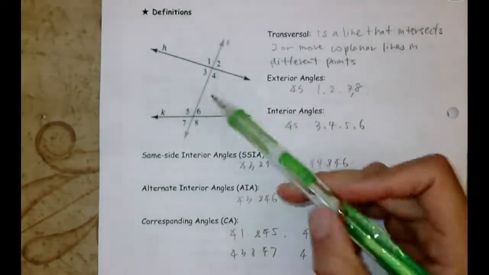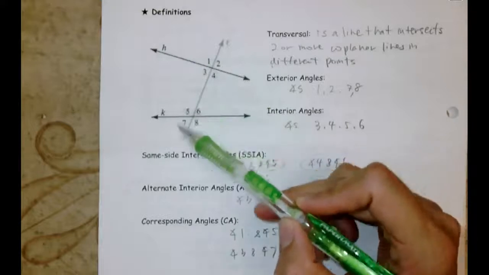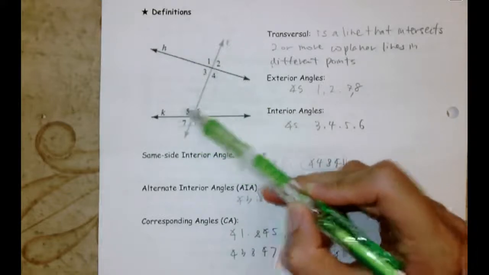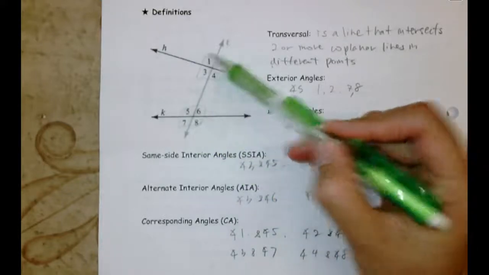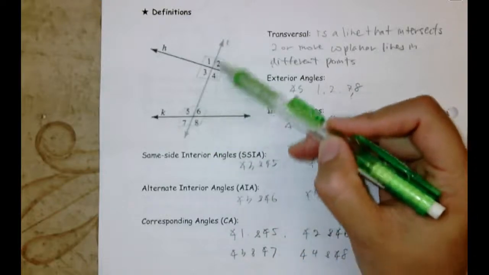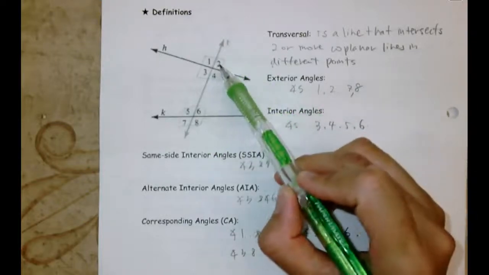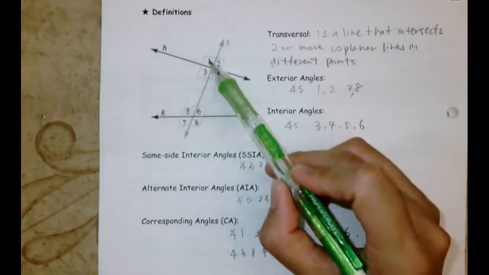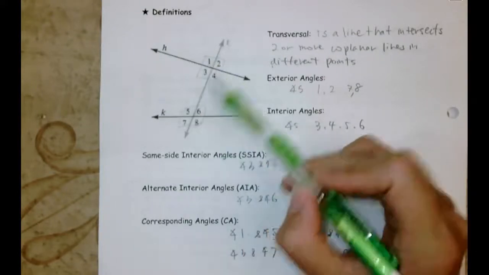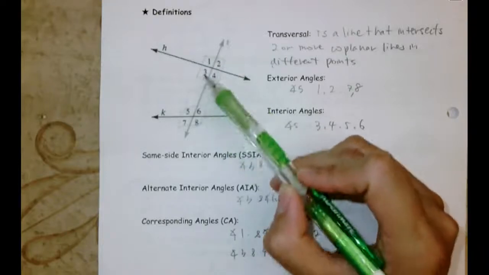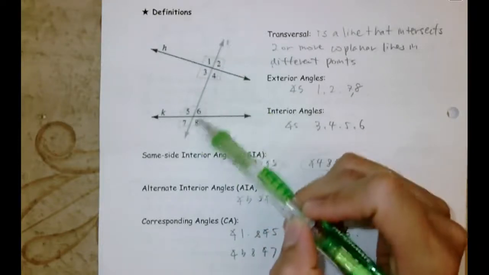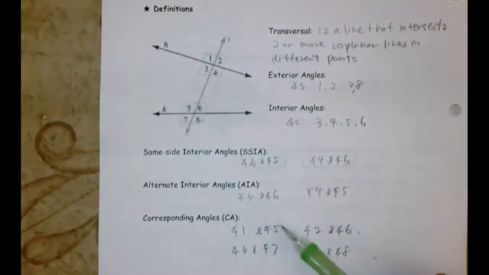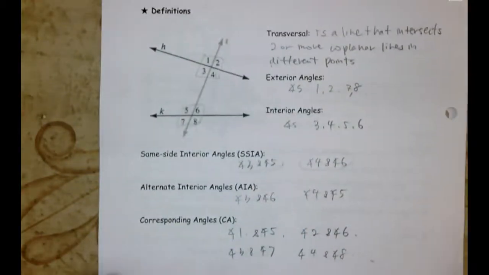You see, it's the corresponding position. If you look at this like a car moving on this highway, right? That's the driver's seat, that's the passenger seat, and that's kid 1 and kid 2. So driver to driver, passenger to passenger, kid 1 to kid 1, kid 2 to kid 2. Those are corresponding angles. Okay?